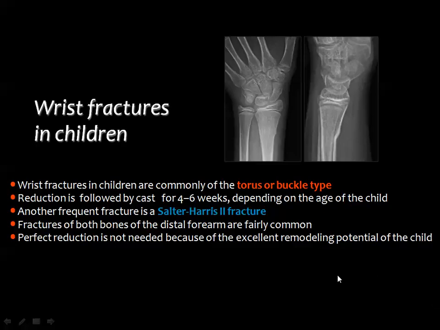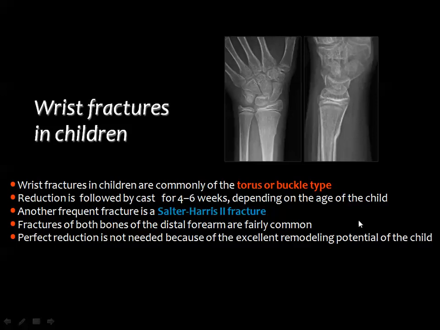And we have discussed before that there are two main types of incomplete fractures that occur in children. These fractures are commonly seen in the forearm bones, and they include the greenstick fracture and the torus or the buckle fracture.